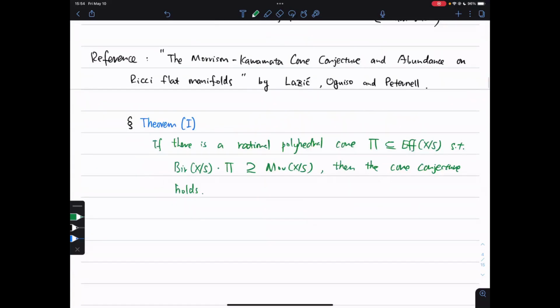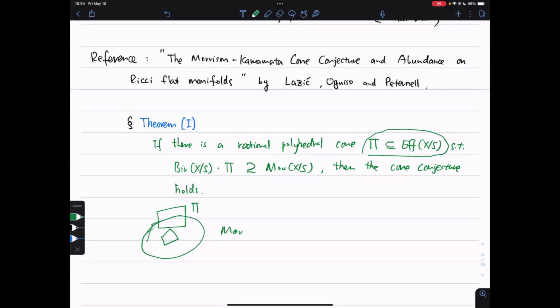Recall the cone conjecture is about the movable cone. And the conjecture says there is a rational fundamental domain inside of the movable cone. But now this result claims it suffices to find a cone inside of the effective cone. That means a rational polyhedral cone generated by effective divisors.